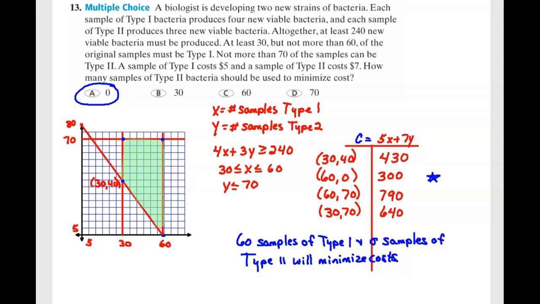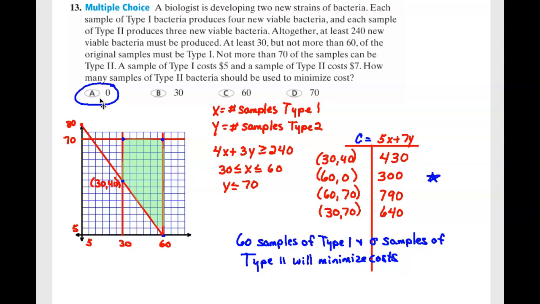Although at least 240 new viable bacteria must be produced, at least 30, but no more than 60, can come from type 1, and not more than 70 can come from type 2. Sample 1 costs 5 and sample 2 costs 7. How many samples of type 2 should be used to minimize the cost?